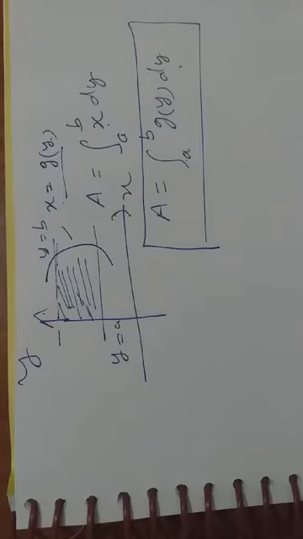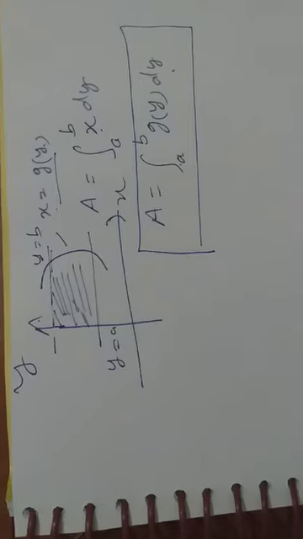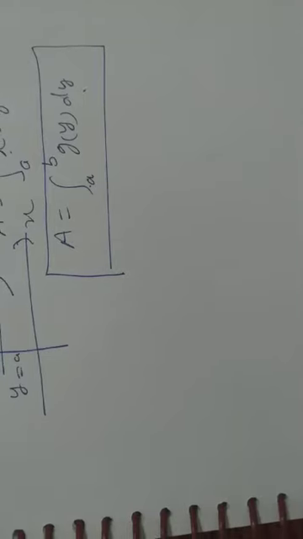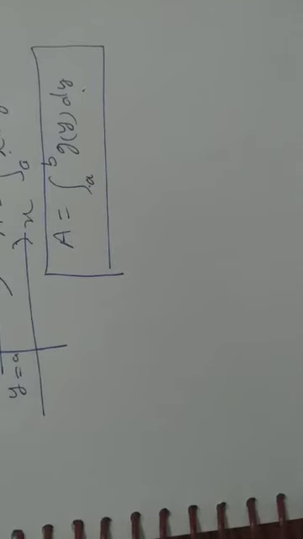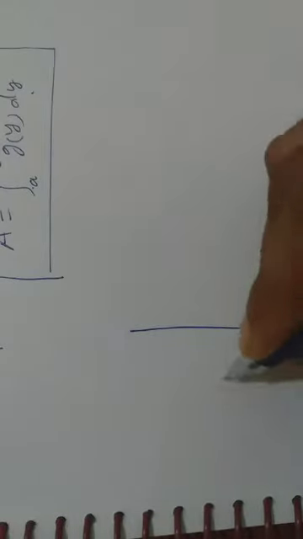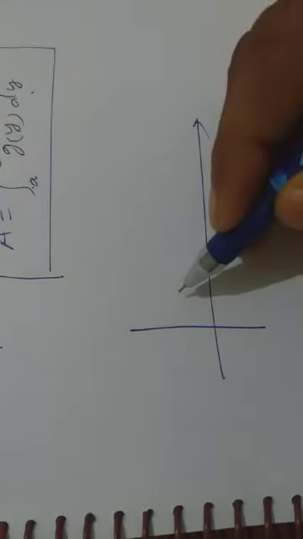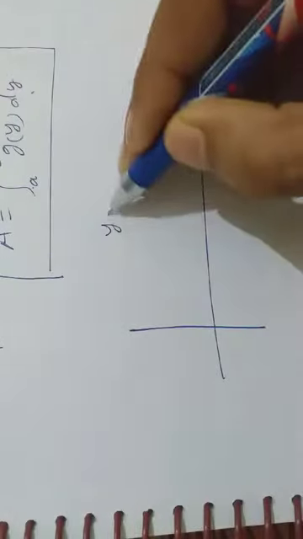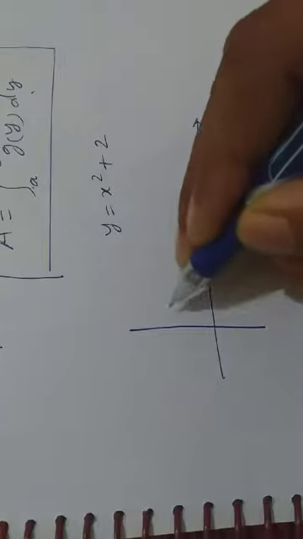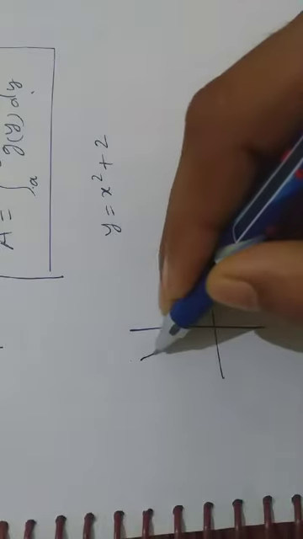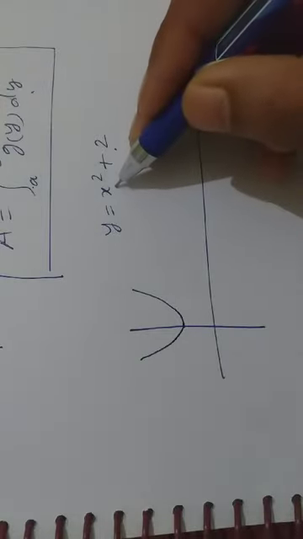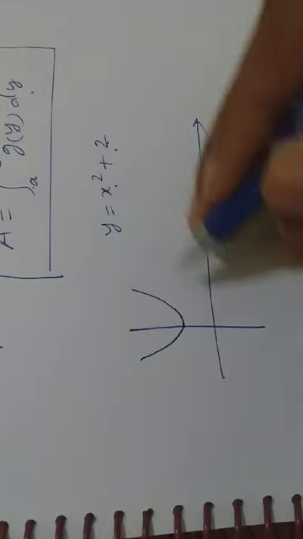Dear students, now we can take an example. Suppose we want to find the area under the curve. Suppose this is the curve y equal to x square plus 2. When x is 0, y equal to 2.